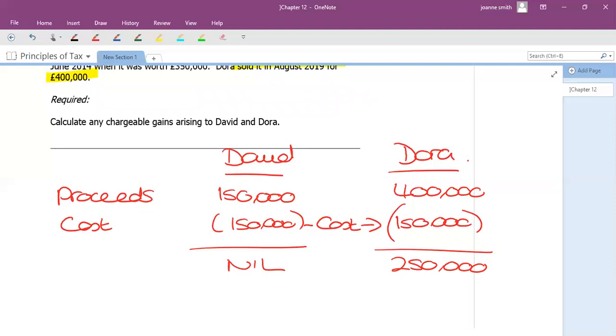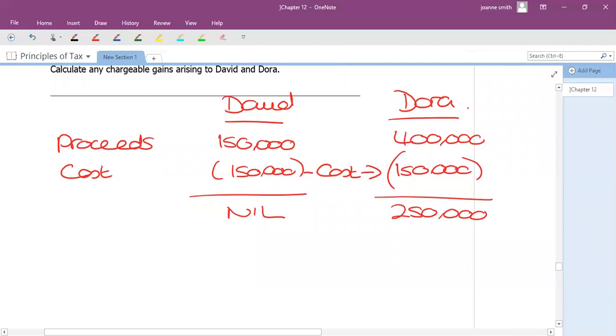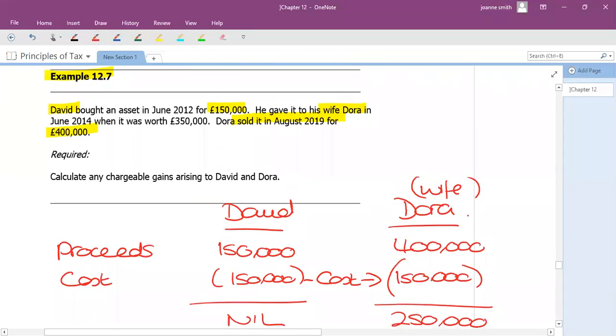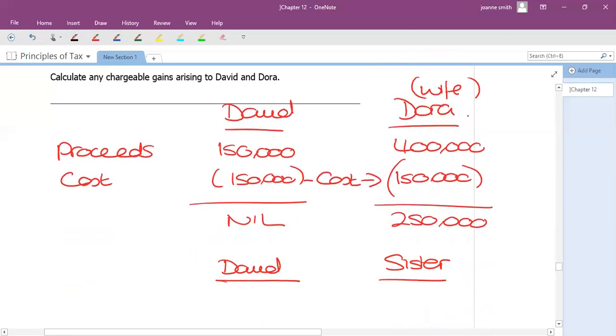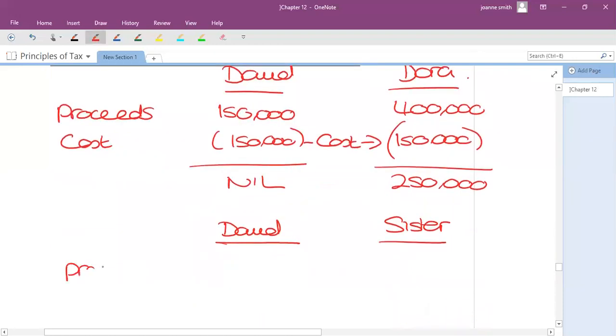Now, if we link this to what we just did on the previous page, let's say David sells it to his sister, rather than Dora, who is his wife. And let's say he sells to his sister for this 400,000. David will get no proceeds.